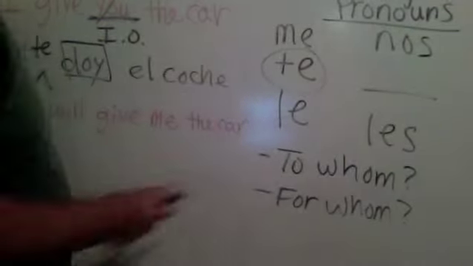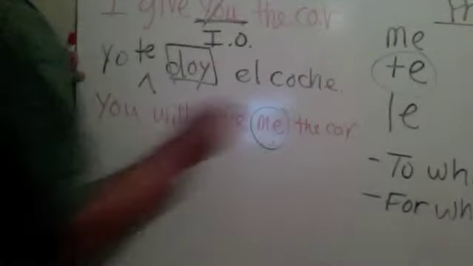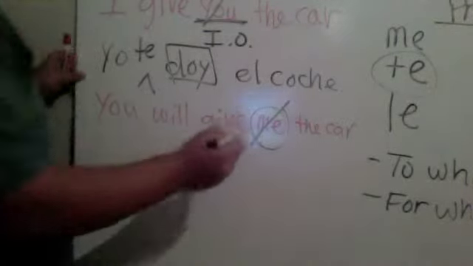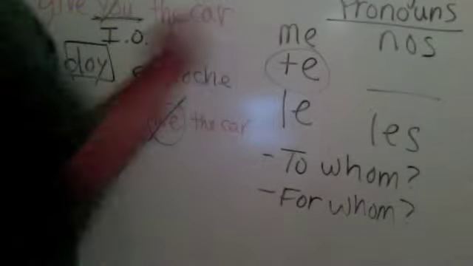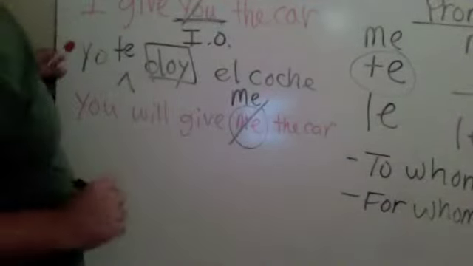And our indirect object pronouns answer to whom and for whom. You will give the car to me. This will be your indirect object. Which one of these is to me? Yes, it's the same spelling, it's just different. Me. That's the one we'll use here.